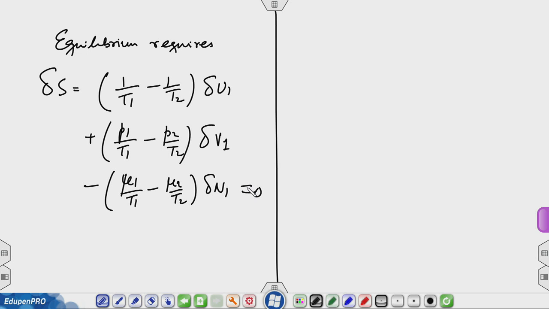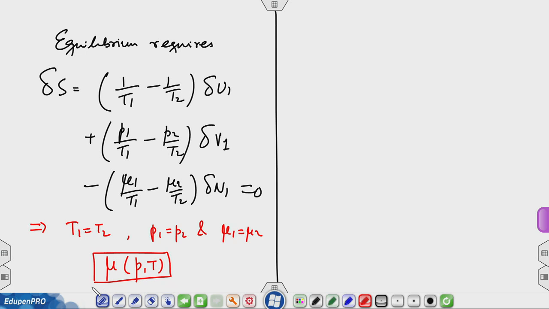And since delta U1, delta V1, delta N1 are all arbitrary, this implies T1 equals T2, P1 equals P2, and mu1 equals mu2. Mu, remember, is a function of P and T. And of course, the number of particles, if the system is not scaled up or anything.